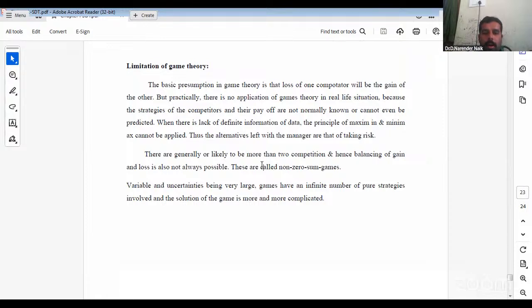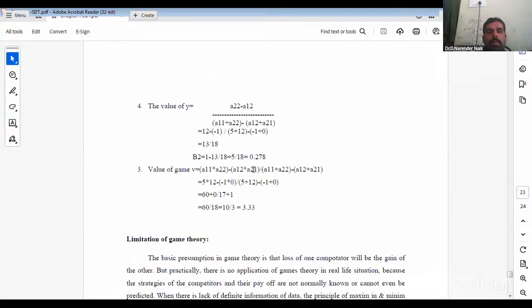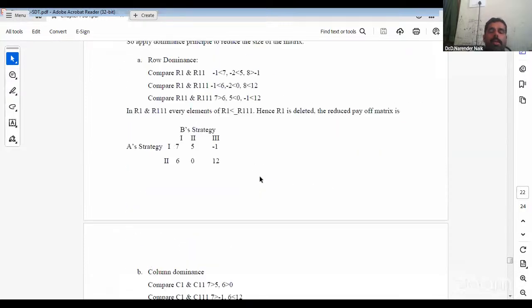These are called non-zero sum games. Variables and uncertainties being very large, games have an infinite number of pure strategies, and the solution of the game becomes more and more complicated. So this is about statistical decision theory.